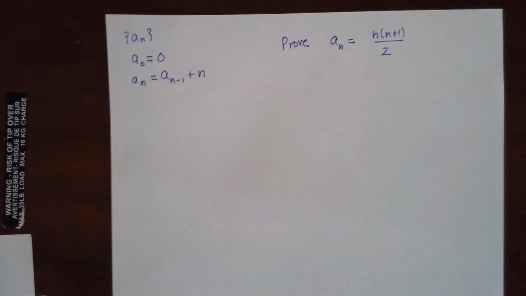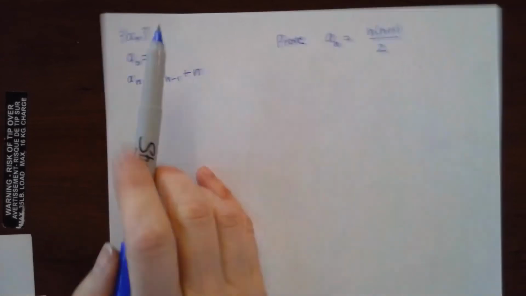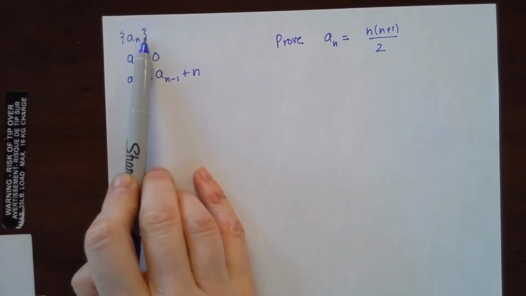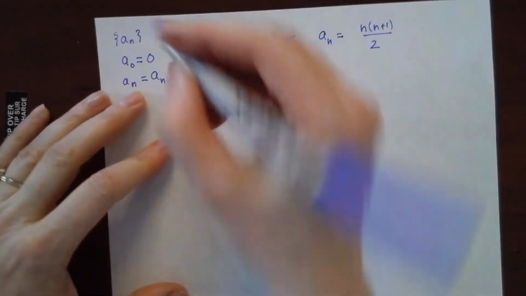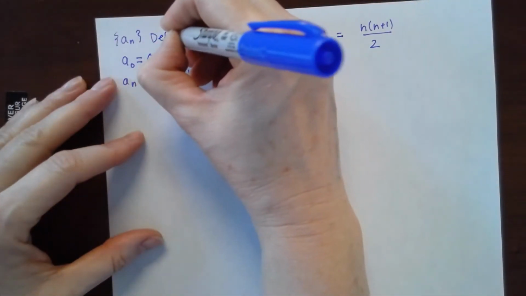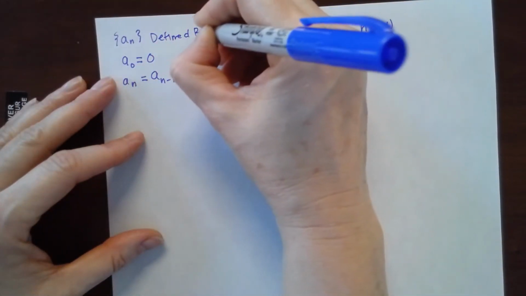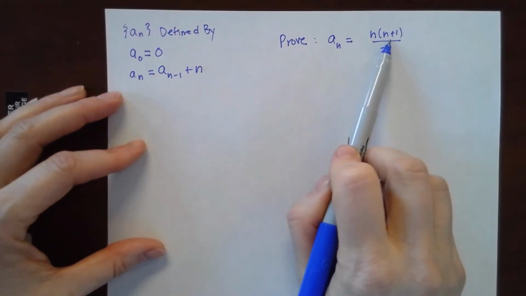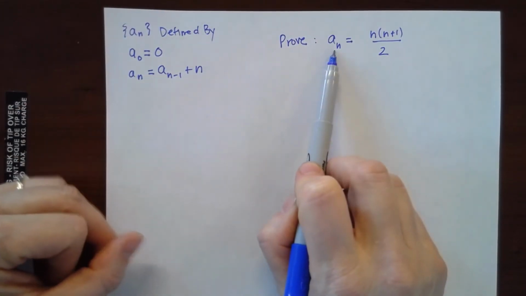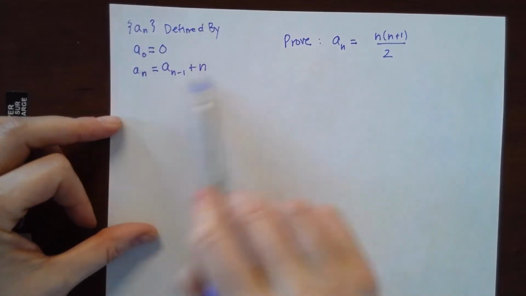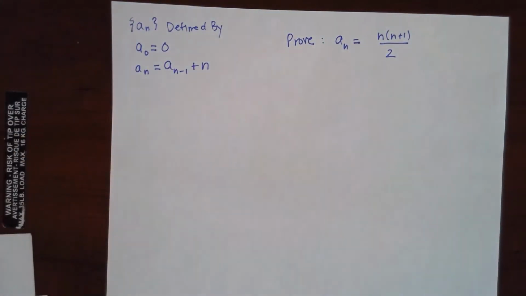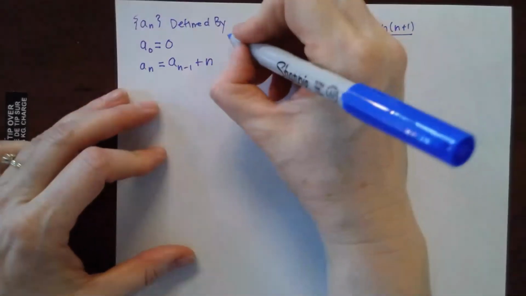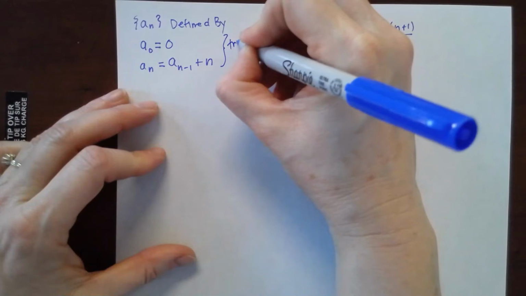Okay, so that's what we know. We have this sequence, and it's defined by this recurrence relation. And we want to prove that I could just use this closed form to give me the nth term instead of having to go through all the pain of using the recurrence relation. So when we have something like this, this is what we know to be true.